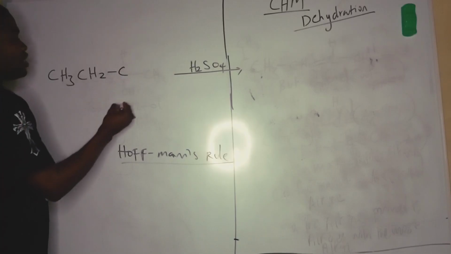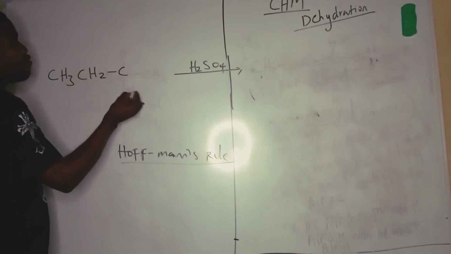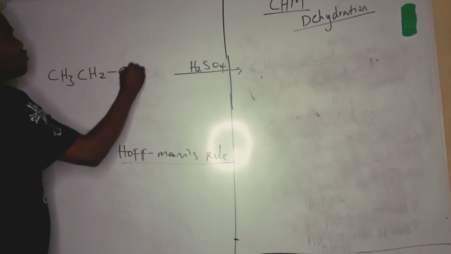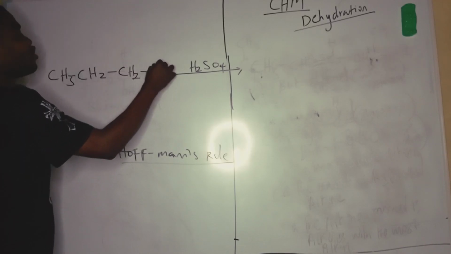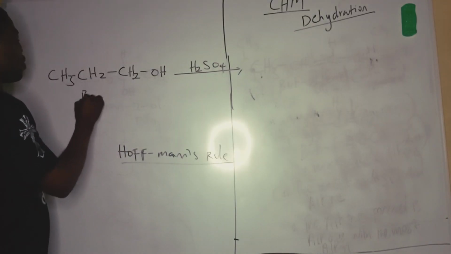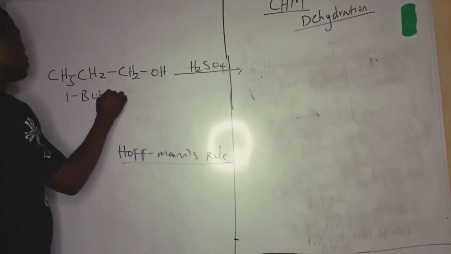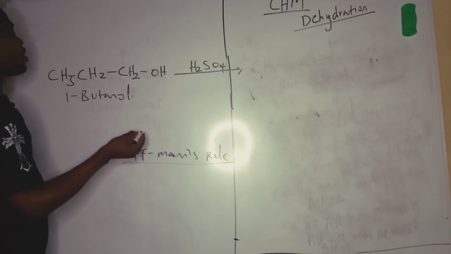See how more complicated it can be? So let me just try simple ones, so that the video does not always intimidate you. So this is butanol, or this is one butanol.